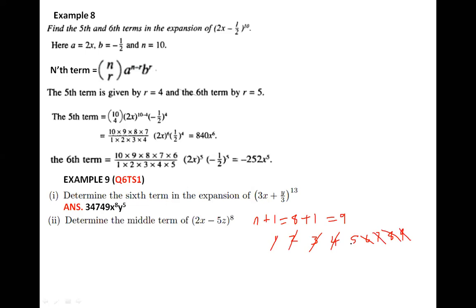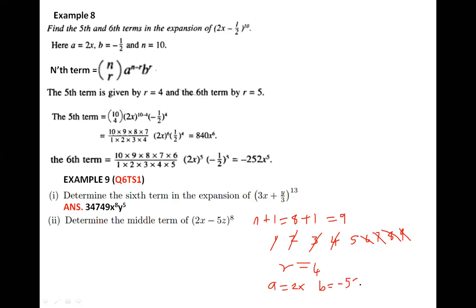So if our middle term is the 5th term, your R on the 5th term is going to be 5 minus 1, which is 4. Then you replace all your values. This is going to be your A, so your A is going to be 2x. Then your B is going to be negative 5z.